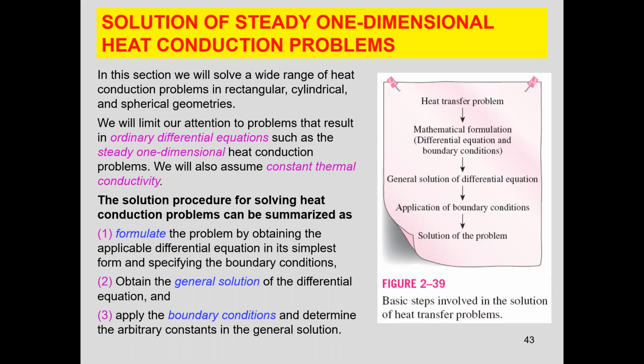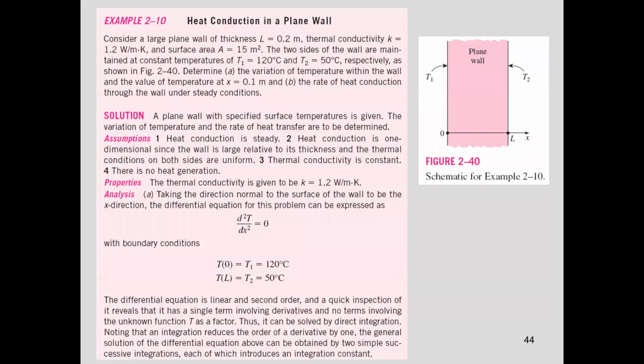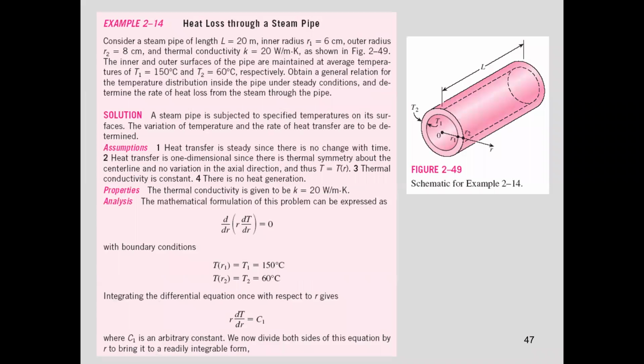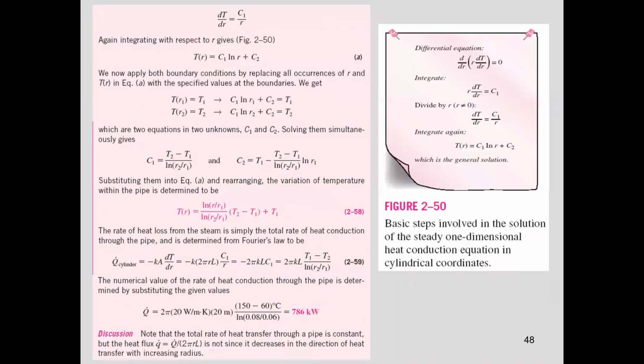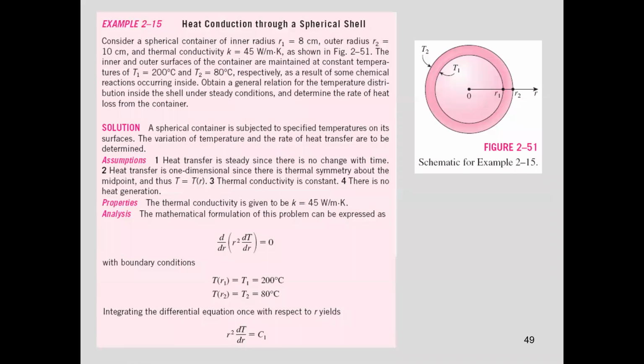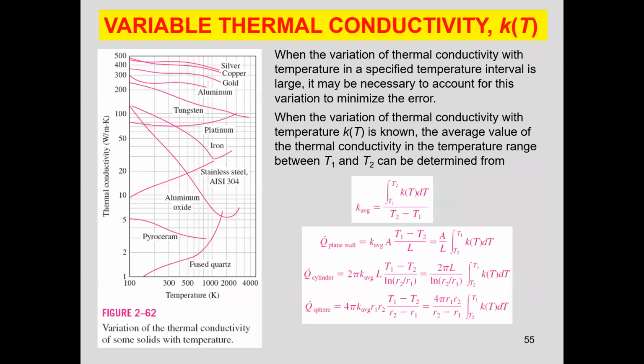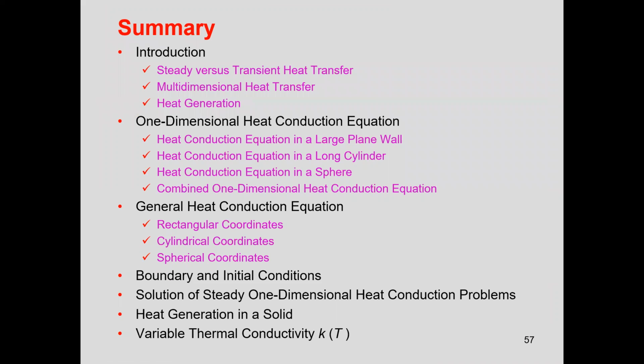It will give details about how to formulate, look for general solutions, add in the boundary conditions, and look for specific problems and solutions, including cylindrical and other kinds of structures, heat generation, variable thermal conductivity, among others.